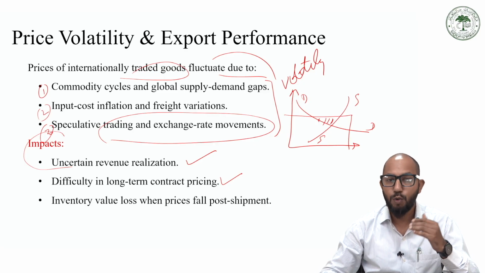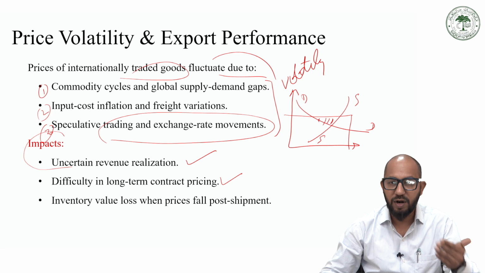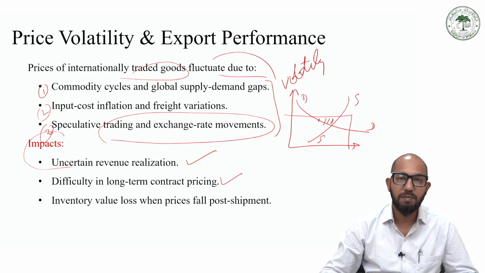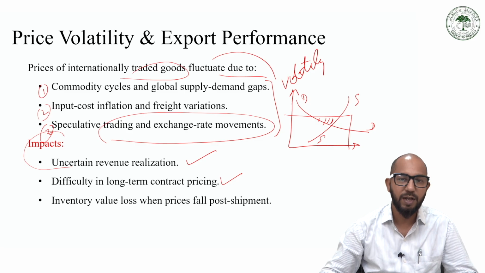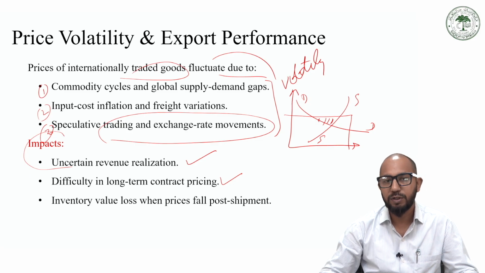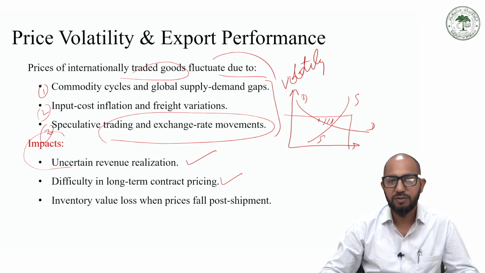Thus, there can be more number of short contracts, but we will see that there will be very less number of long standing contracts between exporters and importers, that ultimately affects the trust between exporter and importer.